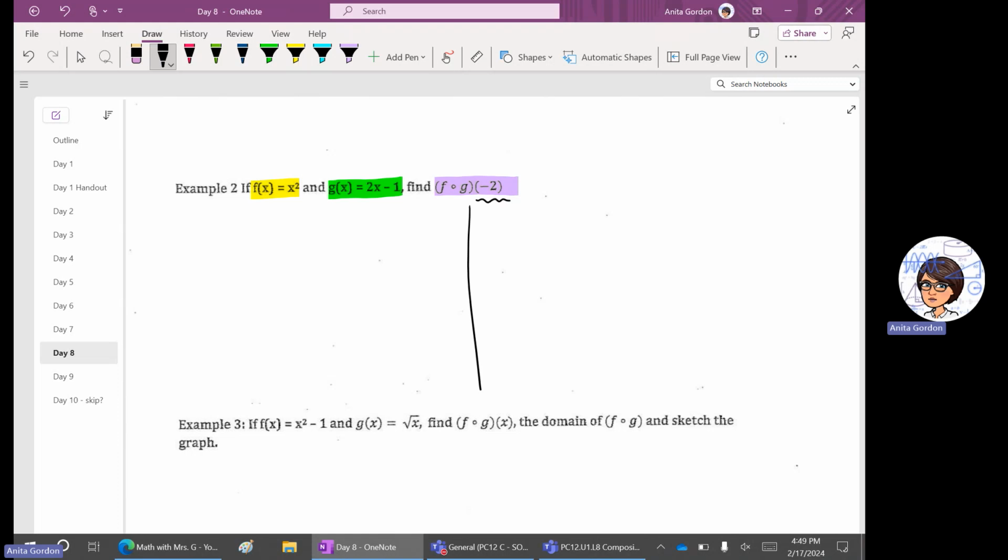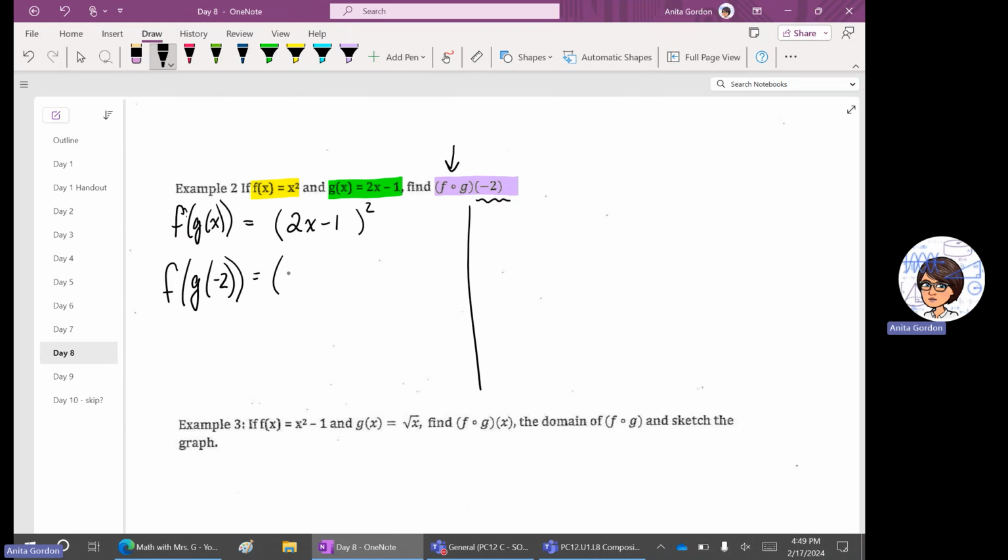The first method, you can set up the f of g equation first. So the f of g of x equation would be f is x squared, so bracket squared, and g is 2x minus 1. So you can set it up this way, and then you can substitute instead of x, you're going to put in now negative 2, because that's the number they've given us here.